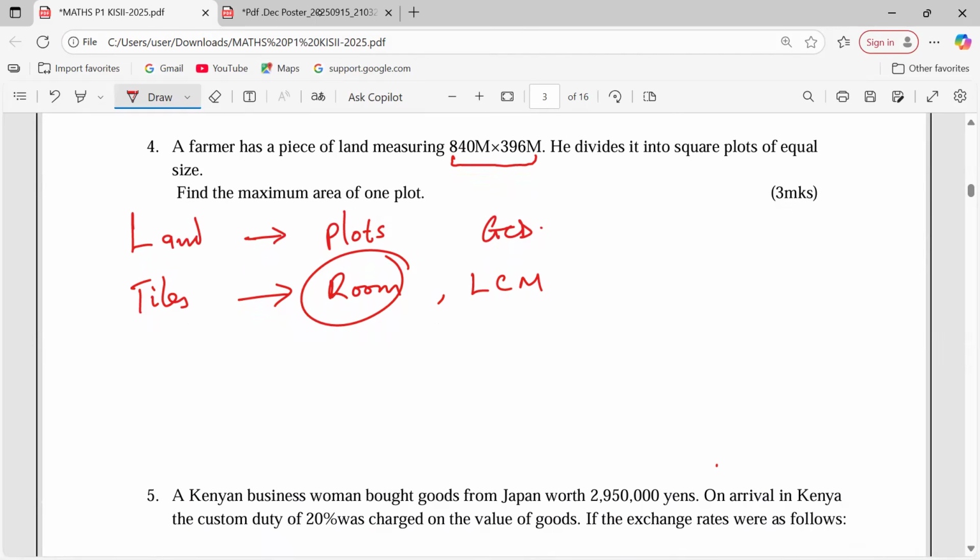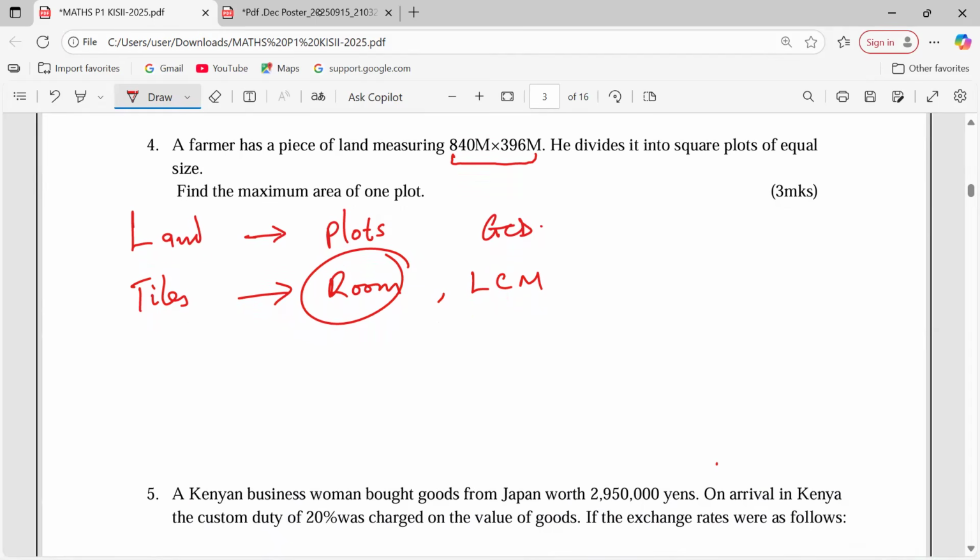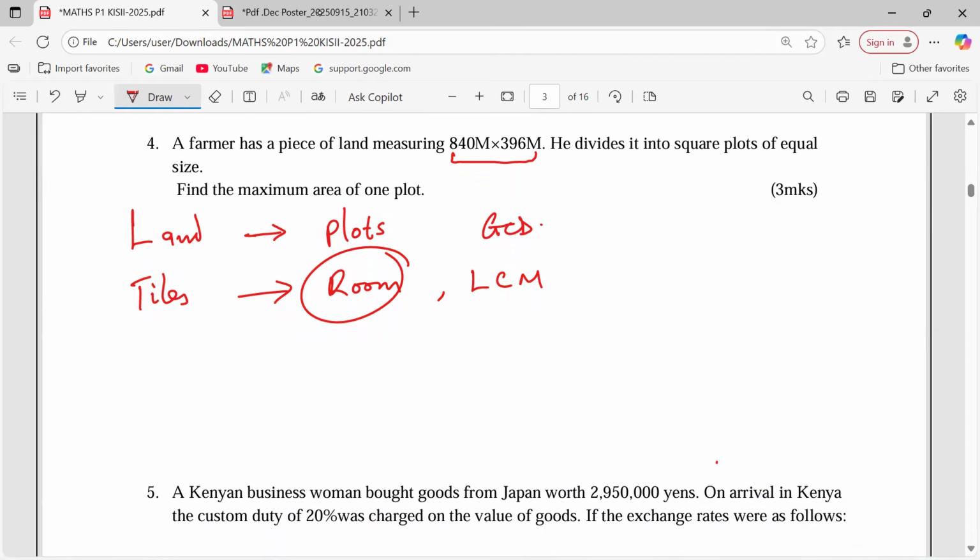But in the case that we are given here, the measurement of the plot should be a divisor of the land, which is already provided. We are given the dimensions of the land, 840 and 396, so we find the GCD, the greatest common divisor, for the two dimensions.